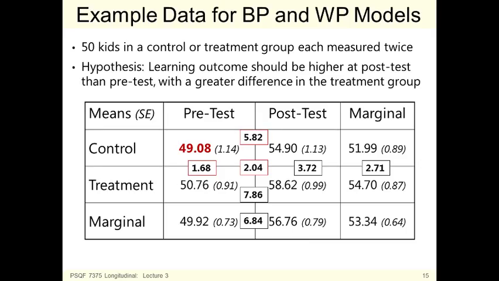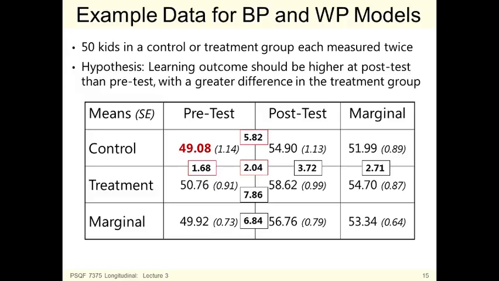So let me show you the implications for testing fixed effects of these two different models. This is data from the beginning of Chapter 3. It's fake data, of course, so that it behaves very well. I have 50 kids who were randomly assigned to a control or a treatment group. They were each measured twice. The idea is that my treatment should be more effective at helping them grow.